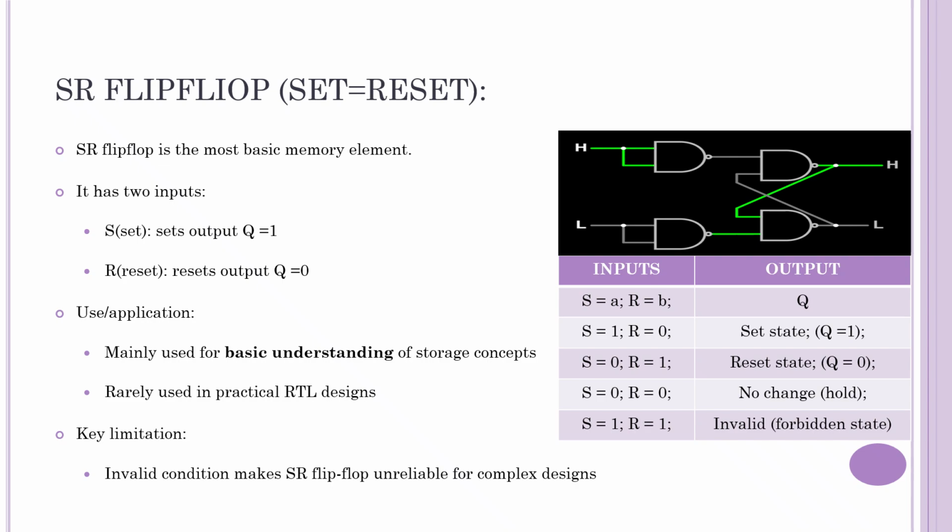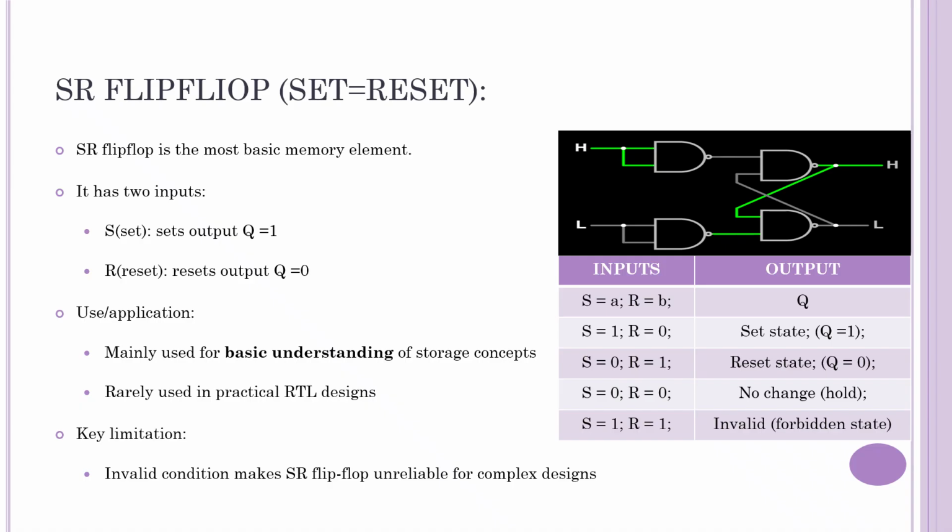Now, let's talk about the most basic memory element in digital electronics, which is the SR flip-flop. SR stands for set and reset. It has two inputs, S and R, and one output Q. When S equals 1 and R equals 0, the flip-flop goes into the set state, which means Q becomes 1.